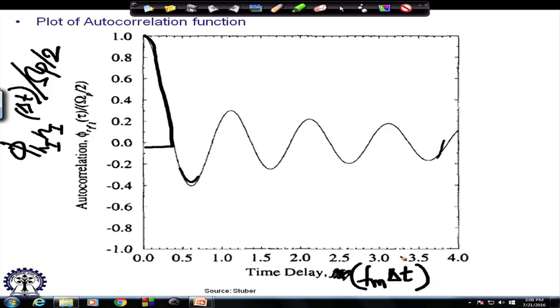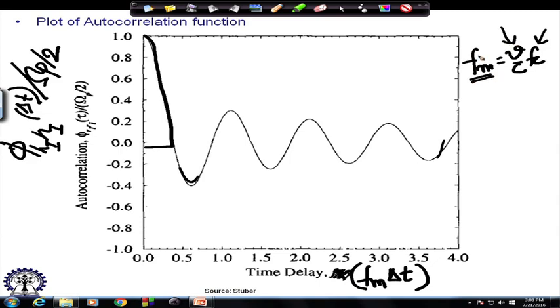For instance, if we change f_m, because f_m is equal to v by c times f_c, as we keep changing f_c or v, we will get different values of f_m.